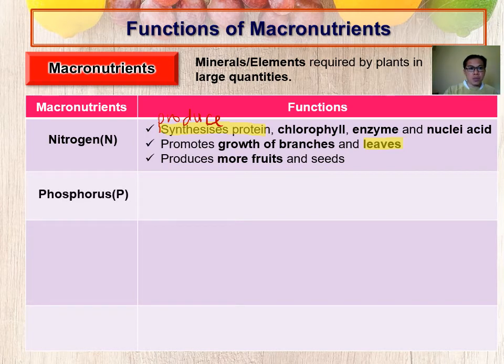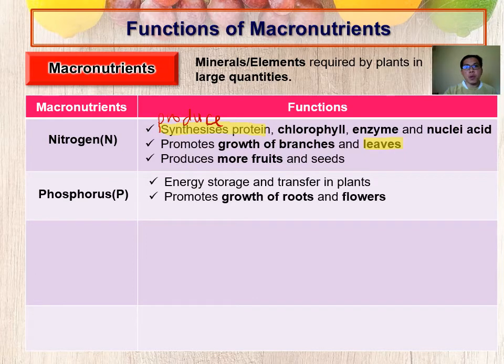Okay, number 2, phosphorus. The function of phosphorus is for energy storage and transfer in plants, untuk sebagai tenaga. It promotes growth of roots and flowers, membantu dalam pertumbuhan akar dan juga bunga, as well as synthesizing protein and nucleic acid, untuk penghasilan protein dan nucleic acid.